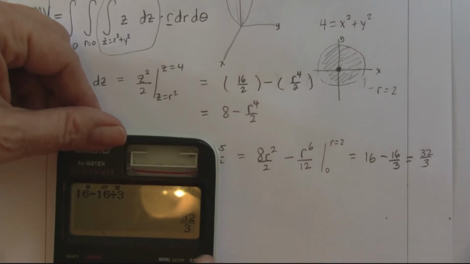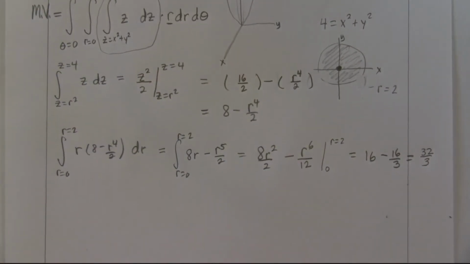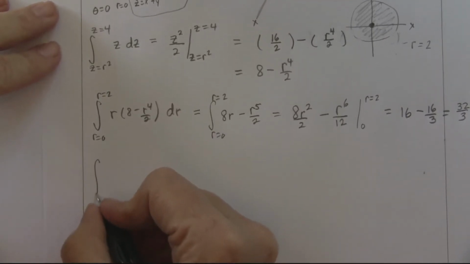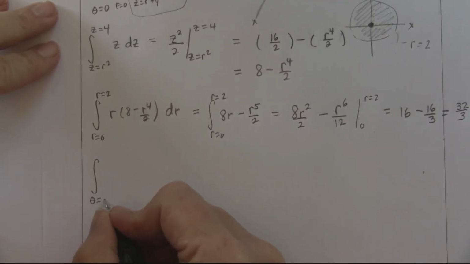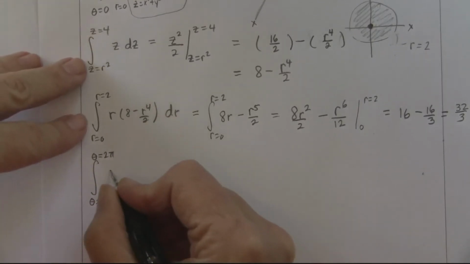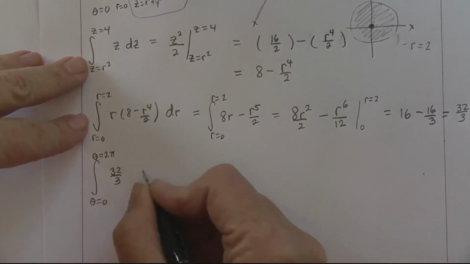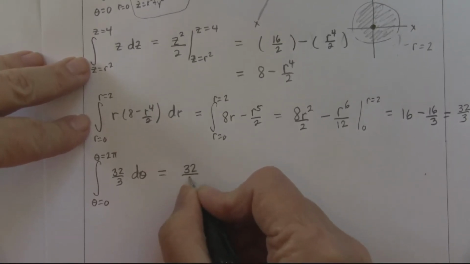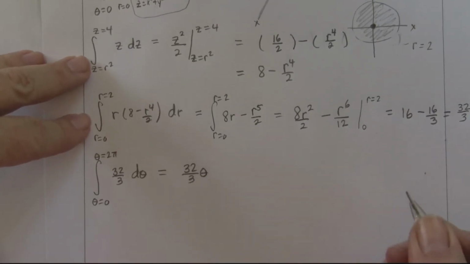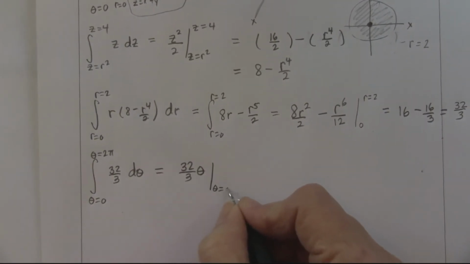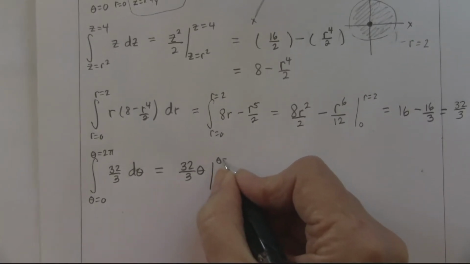Gosh, I did this one and I don't remember those numbers. It's making me worried. And so now my last integral is theta from 0 to 2 pi of 32 over 3 d theta, which is 32 over 3 theta, so at least easy to integrate, from theta equals 0 to theta equals 2 pi.